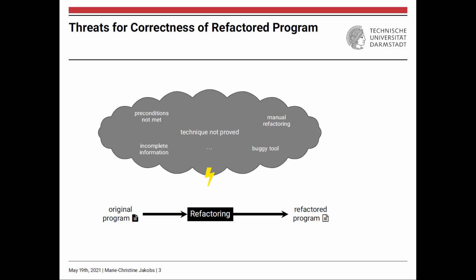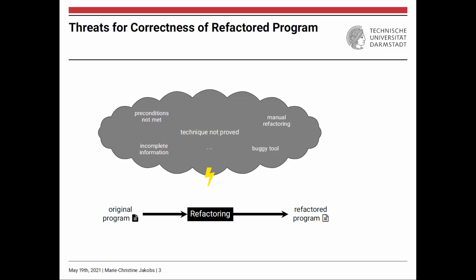For example, we could have done a manual refactoring and just did something wrong there. We could have used a tool which itself is not correct, so it's buggy, and may introduce an error in the refactoring process. We might use a technique that is not proved, so that it does not guarantee that the refactoring works correctly, or we applied a refactoring rule although we violated a precondition.